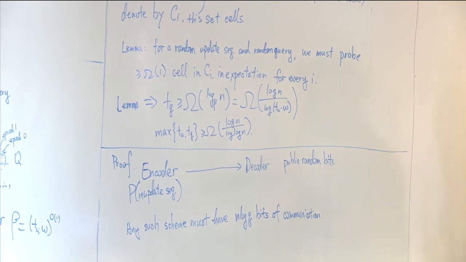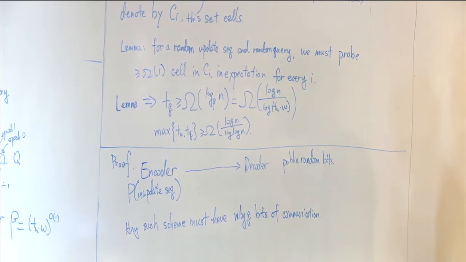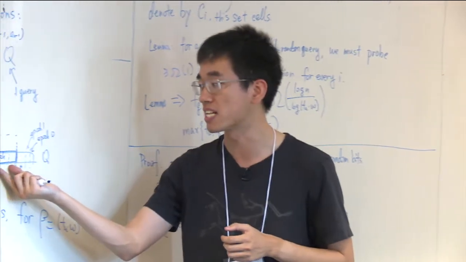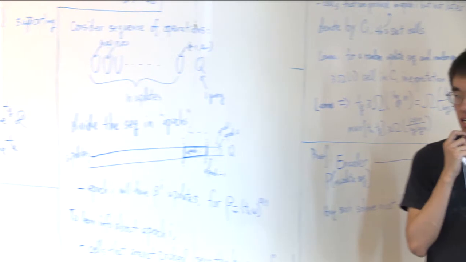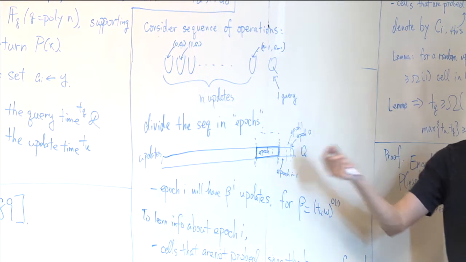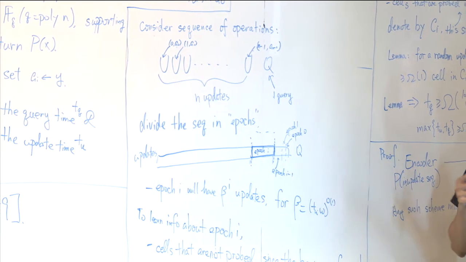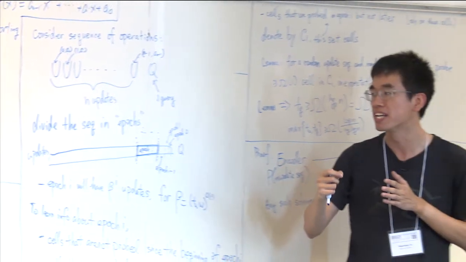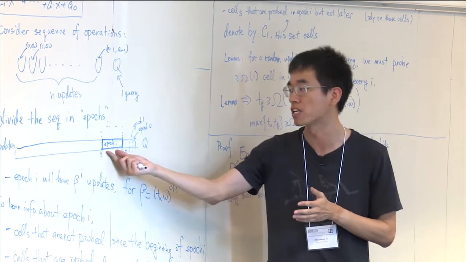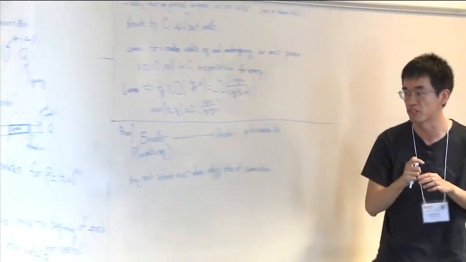And the basic idea is that if you don't probe anything from this set CI, that means you don't actually need to know these updates in order to answer the queries, basically. And then if you can answer too many queries this way, then that will actually allow you to reconstruct this epoch, and then that will give you a contradiction.